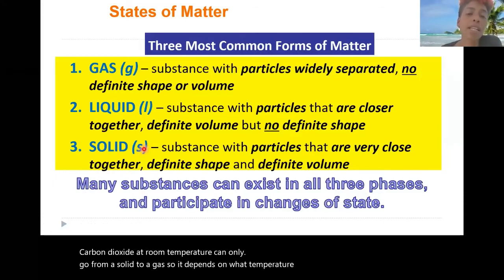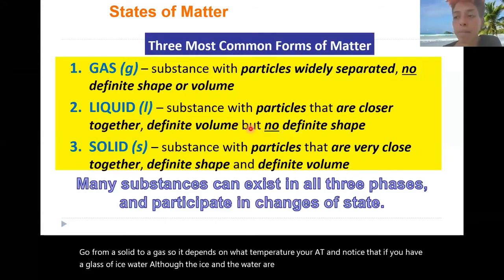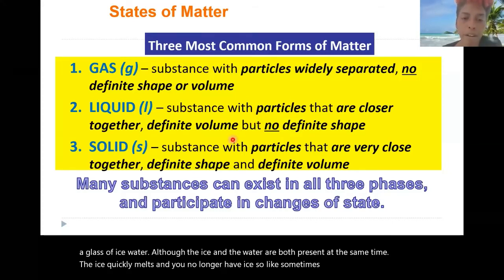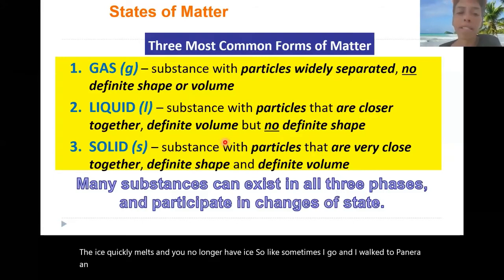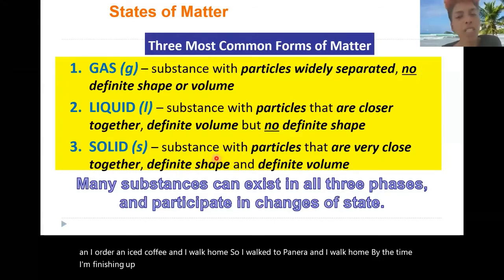And notice that if you have a glass of ice water, although the ice and the water are both present at the same time, the ice quickly melts and you no longer have ice. Sometimes I walk to Panera and I order an iced coffee, and I walk home. By the time I'm finishing up my iced coffee, there's no more ice.